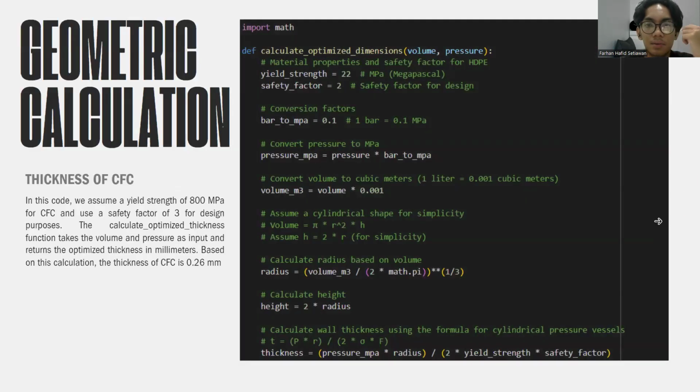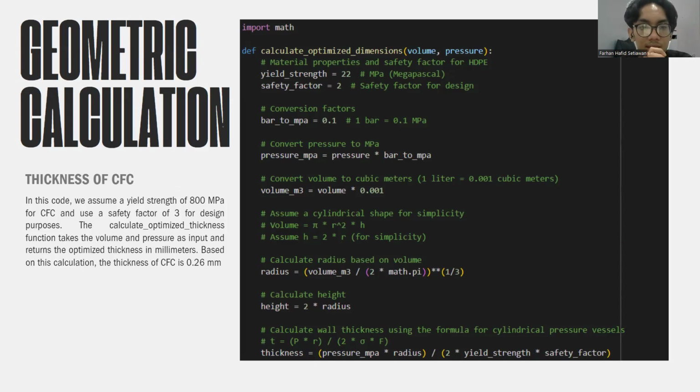Next we're going to calculate the inner part of the hydrogen storage made of carbon fiber composite materials. We use the same code, and we assume that the yield strength is 100 megapascals based on a journal for CFC, and use a safety factor of 3 for design purposes.